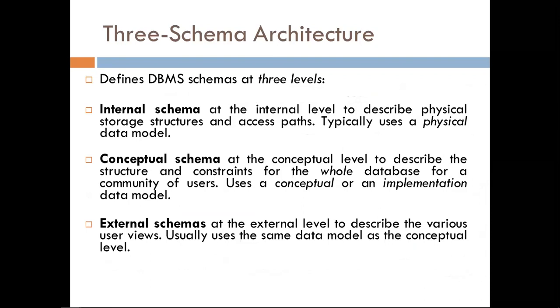It is used to describe the structure and the constraints of the whole database for a community of users. Community of users means all the users, which includes the programmer, developer, database admin, and all the end users. For those users, the conceptual schema will be visible.